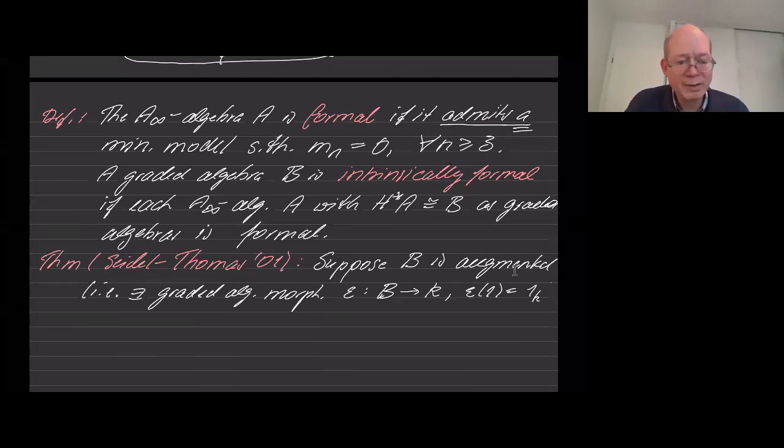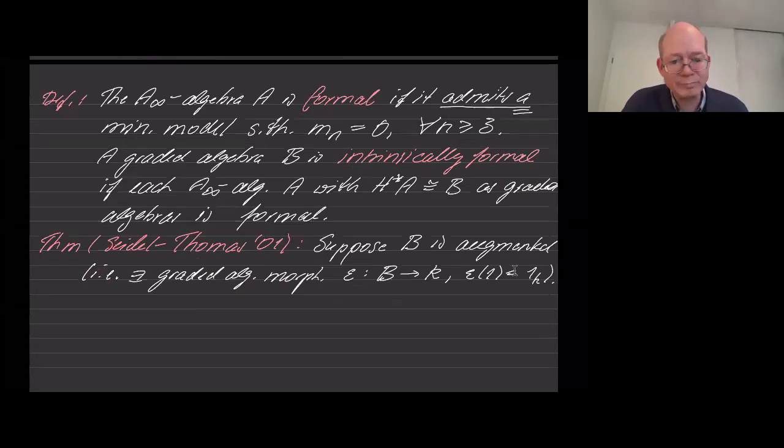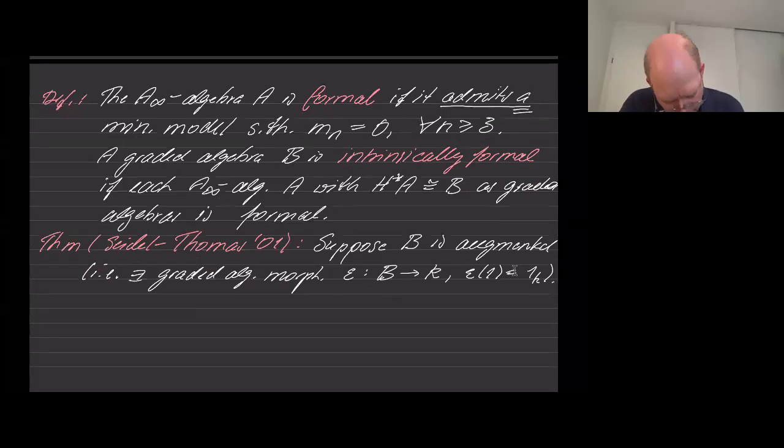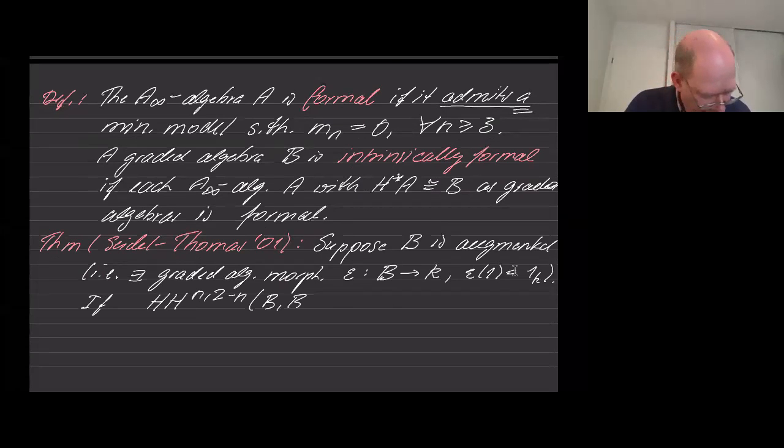Then, if bigraded Hochschild cohomology vanishes in bidegree (n, 2 minus n) for n greater than or equal to 3, then B is intrinsically formal.